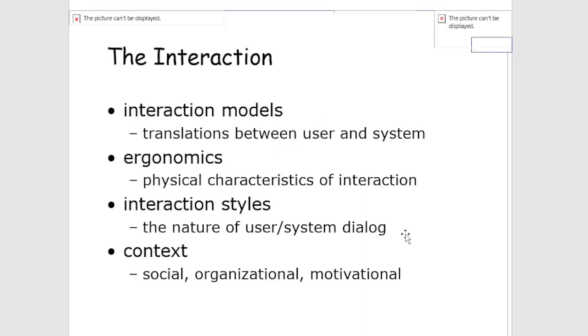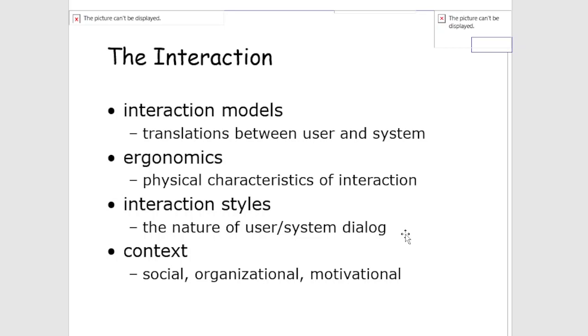What is the interaction? Here in our class, we are going to see the interaction models, ergonomics, interaction styles, and context of interaction. Interaction models help us to understand what's going on in the interaction between user and a system. They address the translation between what the user wants and what the system does.